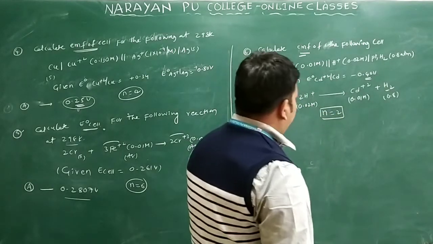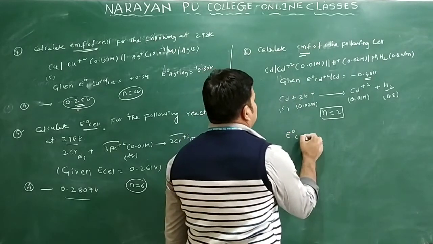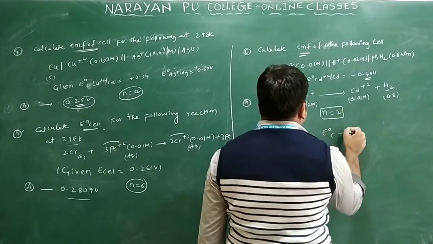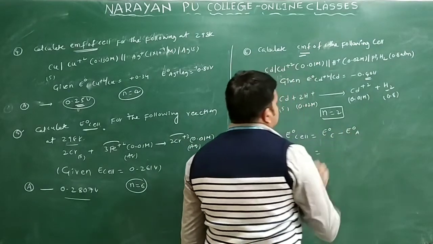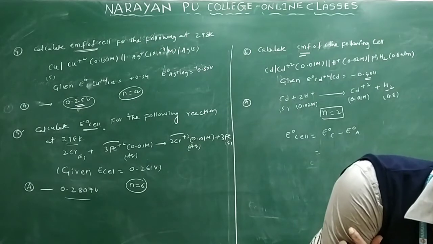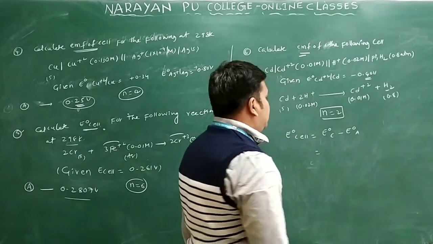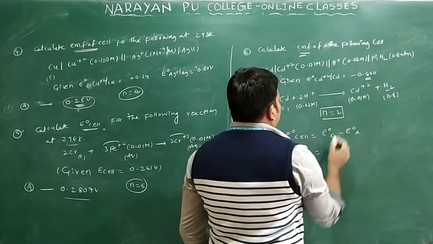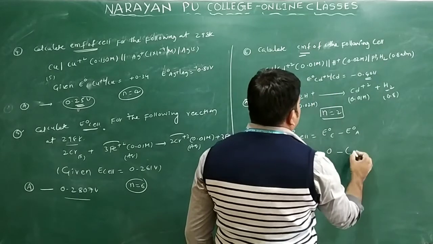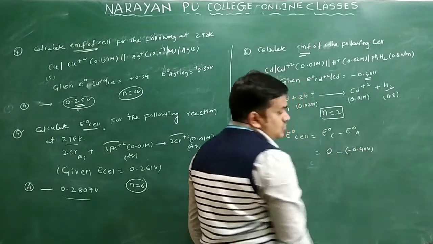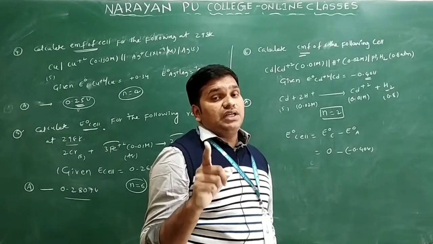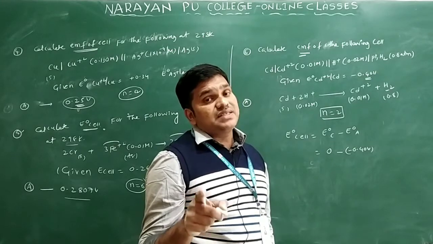First you find the E naught of the cell. E naught of the cell is E naught of cathode minus E naught of anode. What is the cathode in this case? The cathode is the hydrogen electrode. The standard hydrogen electrode value is 0. What is the anode? It is cadmium, minus 0.40 volts. It is not given for SHE, but the standard potential for the standard hydrogen electrode is always 0 only.